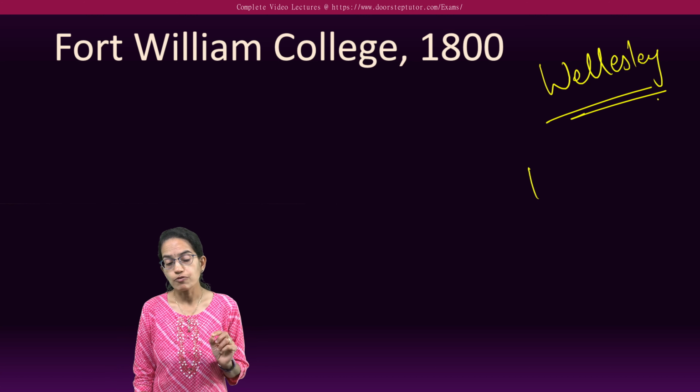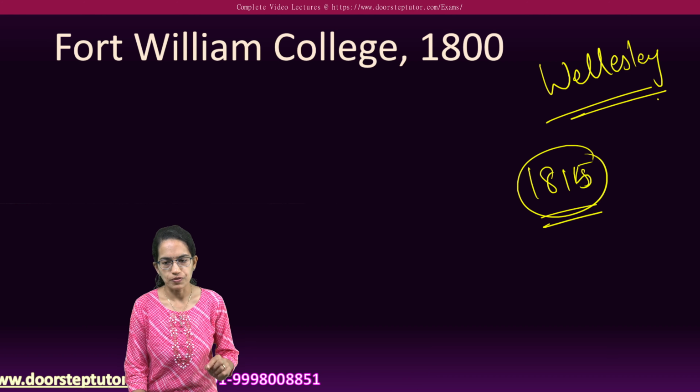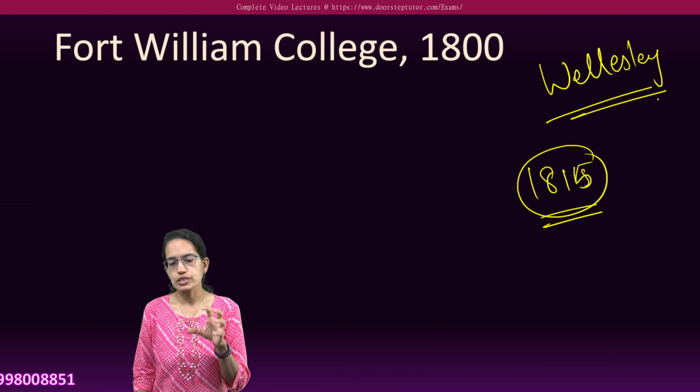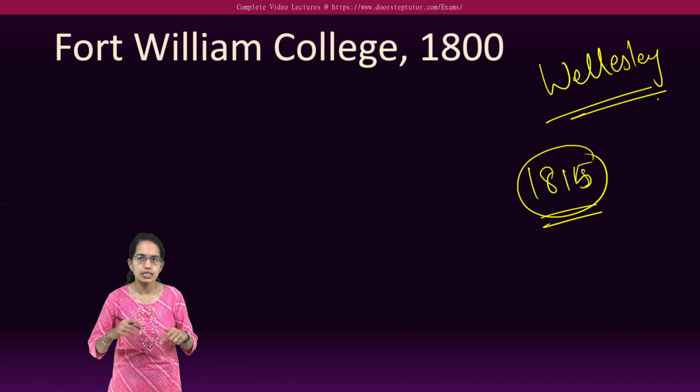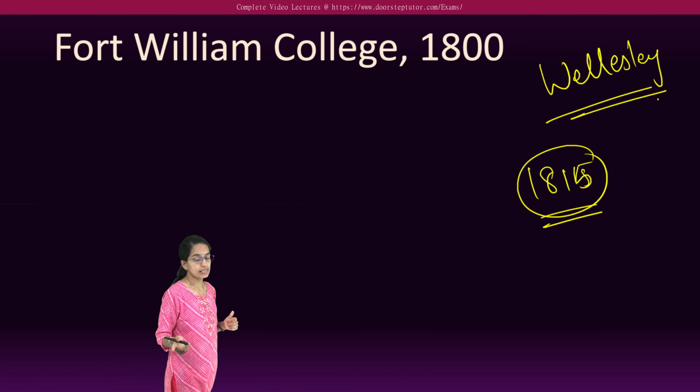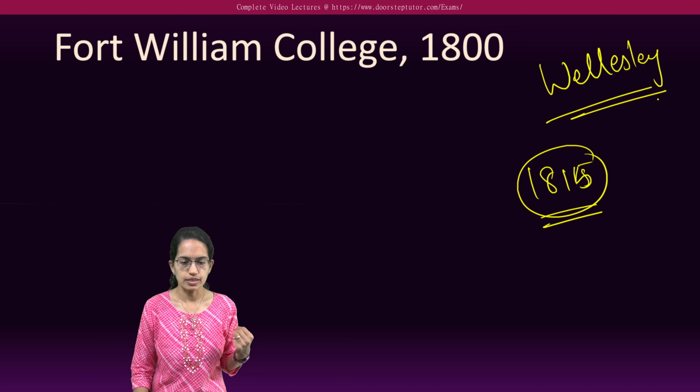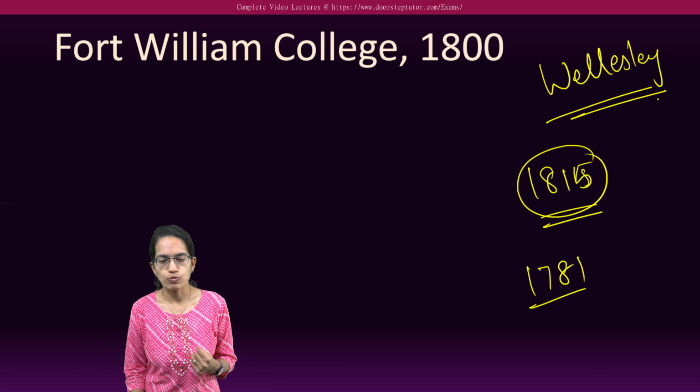Some important things that happened during that time: in 1815 Raja Ram Mohan Roy settled in Calcutta, considered one of the major turning points of the Bengali Renaissance in India. This Bengali Renaissance saw three main things. One was in 1781, the establishment of Calcutta Madrasa.